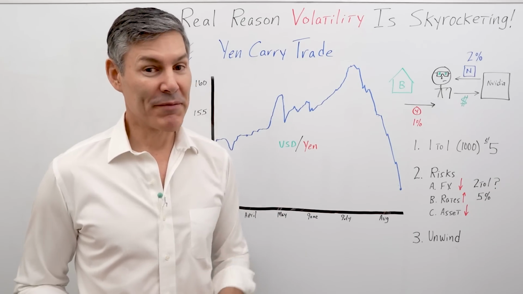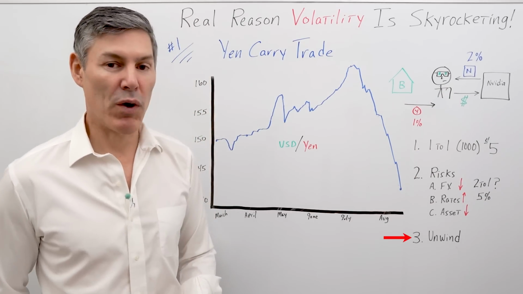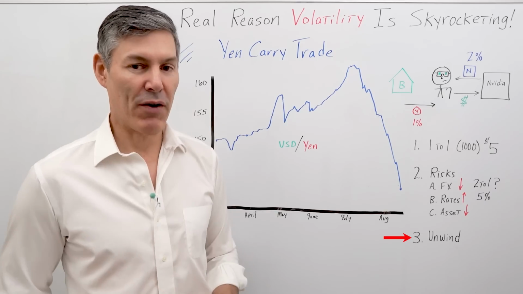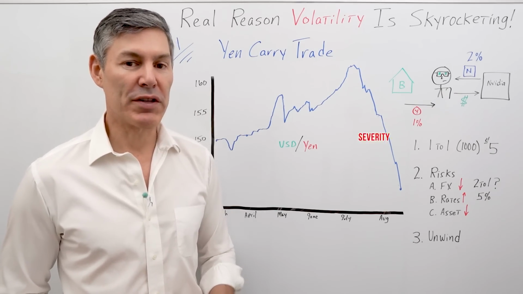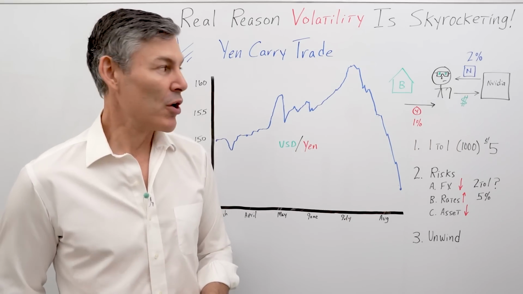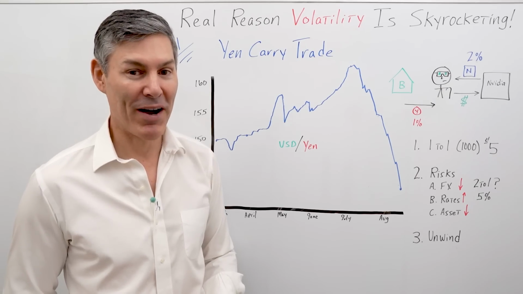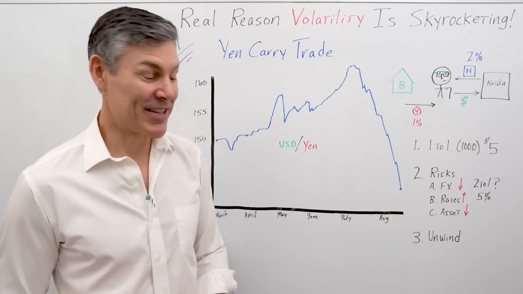Oh, but wait, there is more. We talked about the concept behind this unwind, so you guys can kind of get your head around it. But now let's go over the severity and what has happened in a very short period of time, which has put Slick Rick in a very, very compromising position, to say the least.